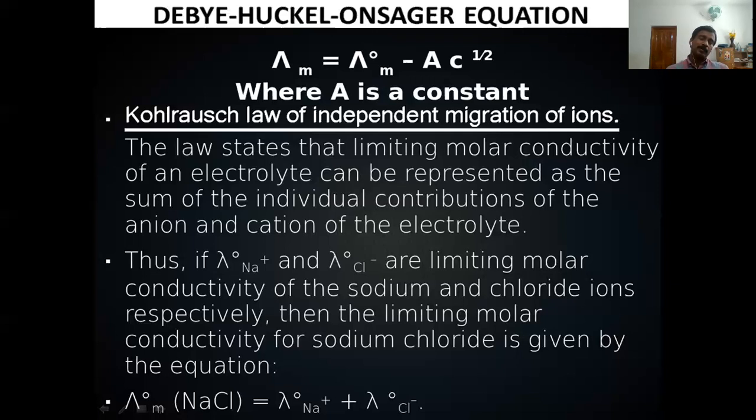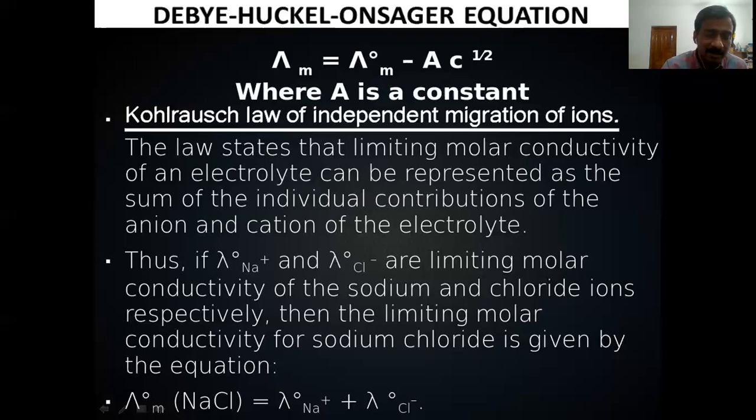We can express the molar conductance at infinite dilution of an electrolyte as the sum of molar conductance of individual anions and cations. That is Kohlrausch's law of independent migration of ions. So at infinite dilution, the ions are independent.